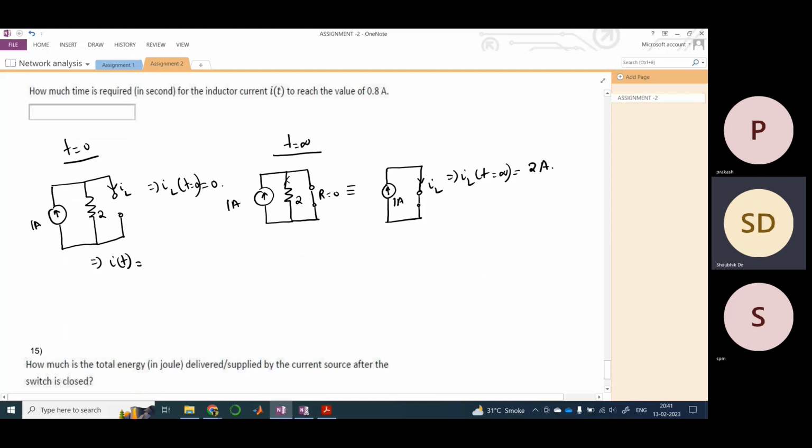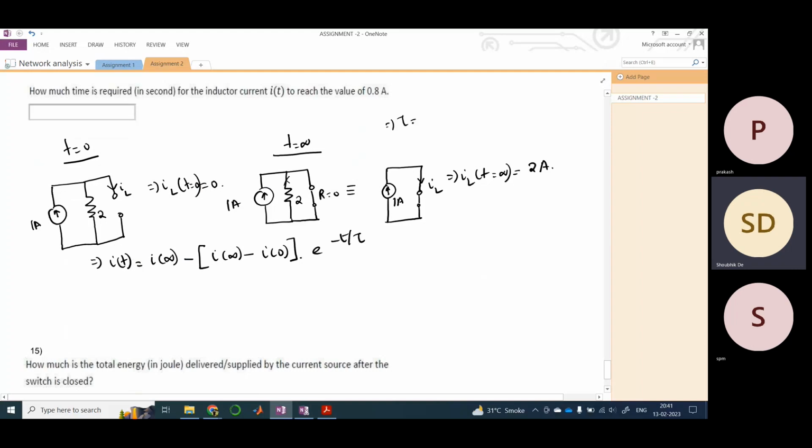Here for IT or VT, in such cases there is a formula, so please try to remember this formula. It is given by I of infinity minus bracket of I of infinity minus I of 0 into e to the power of minus t by tau, where I of infinity represents IL at t equals infinity.